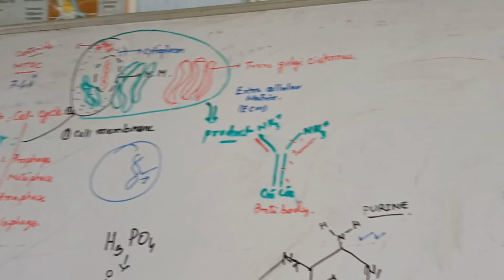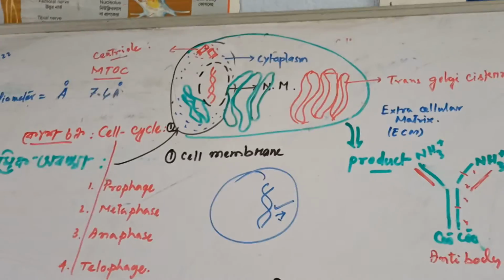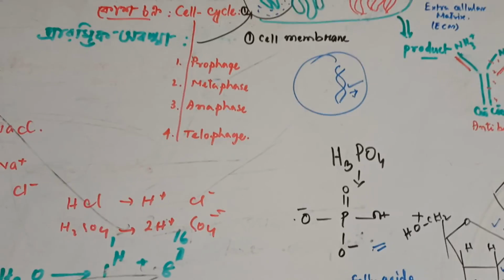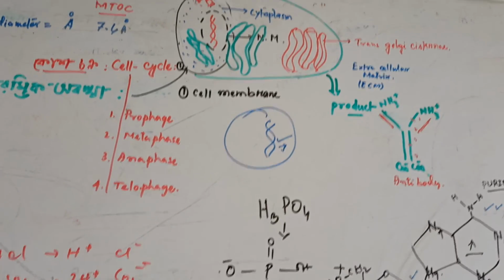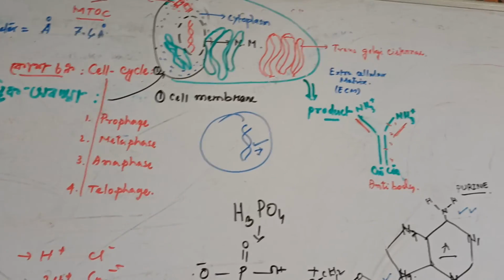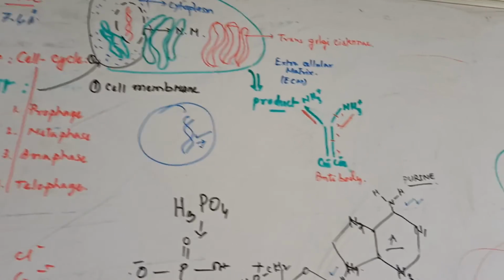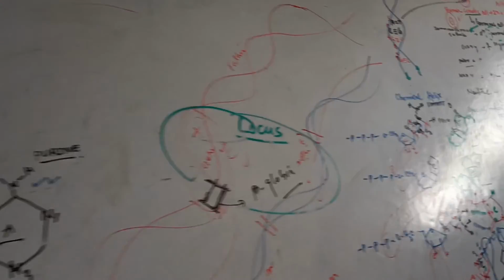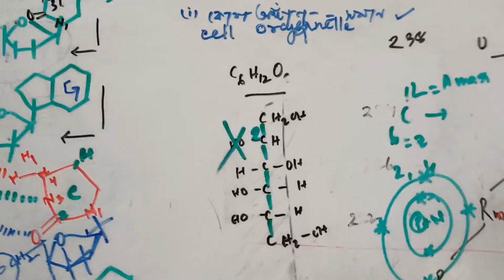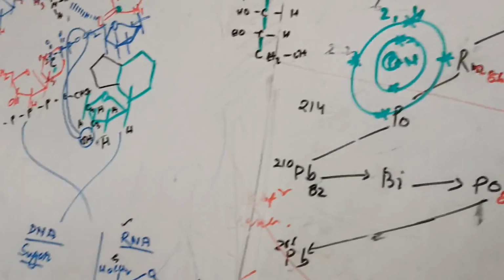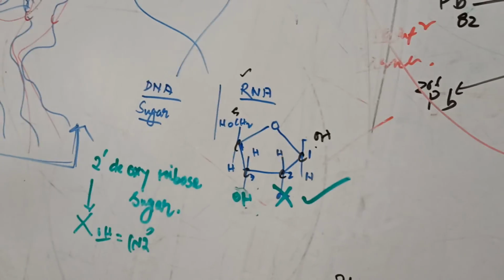When you isolate the protein from a particular cell, there are other proteins also. So let us check in our next video how we can discuss this topic in a more constructive way. This is another thing, DNA and RNA.